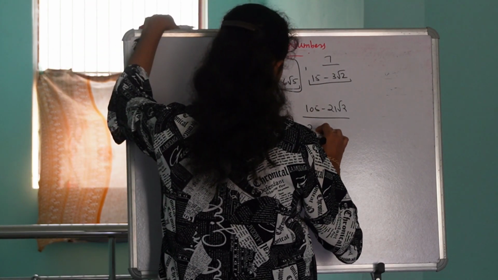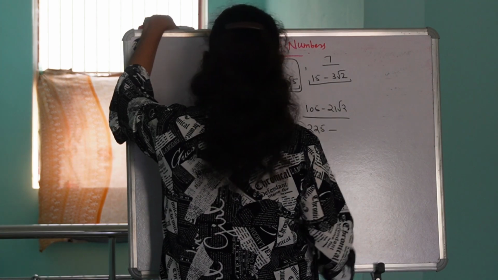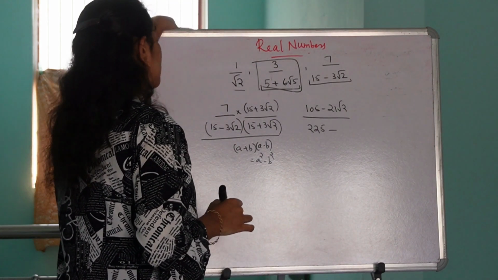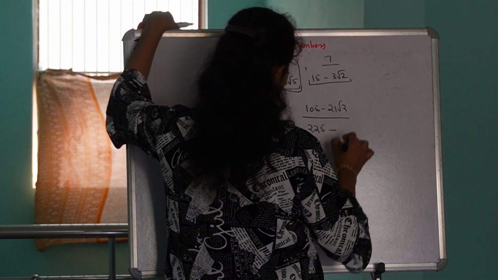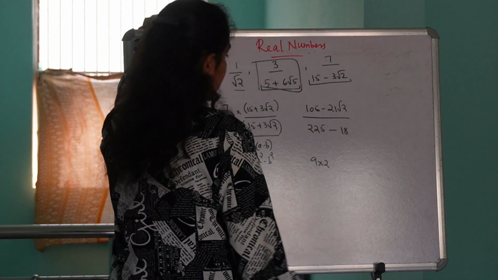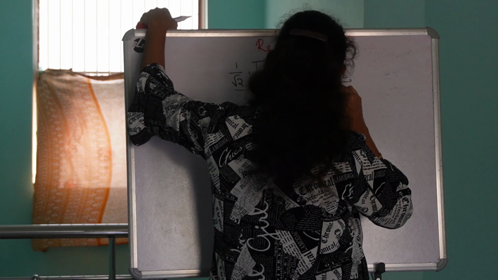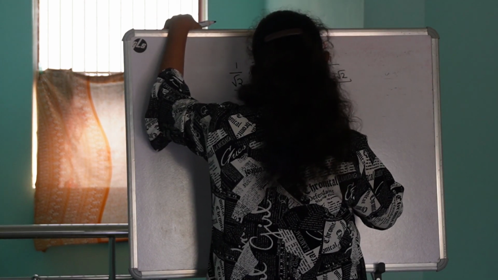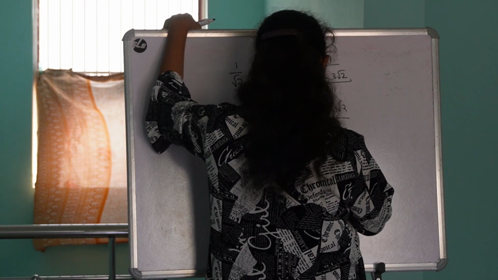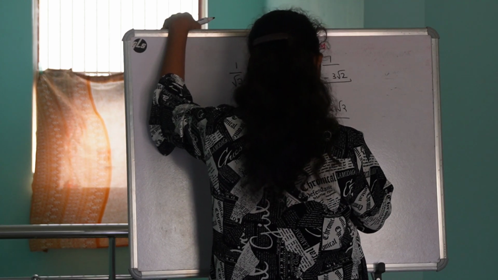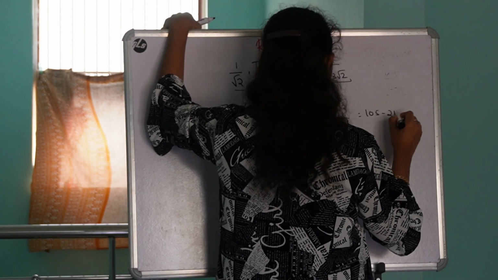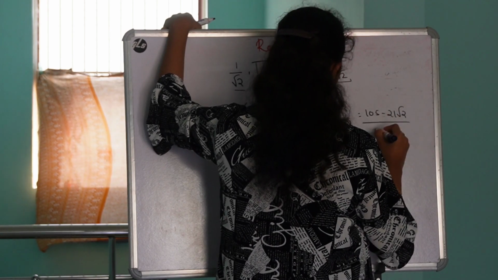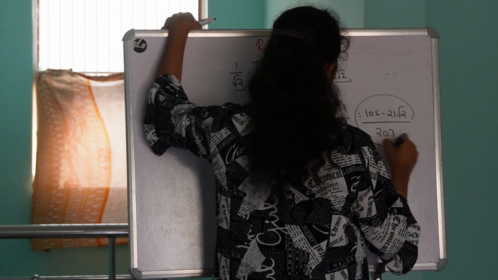So here a is 15, so 15 square is 225 minus (3 root 2) square, means 3 square is 9 and root 2 square is 2, so we will get 18. So when we find the difference between 225 and 18, 225 minus 5 is 220, minus 10 is 210, again minus 3 is 207. So 105 minus 21 root 2 divided by 207.